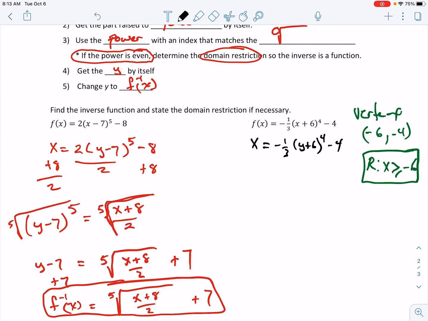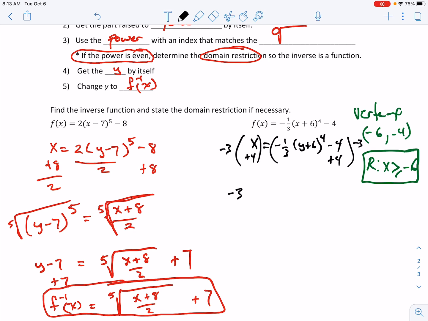Isolate that parentheses, or fourth power, by adding 4 to both sides. And then we're going to multiply both sides by -3.